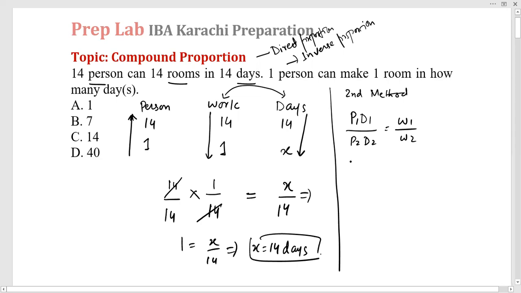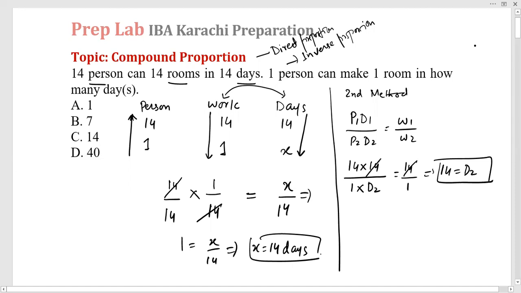P1 is already given, D1 is also given, P2 is given, D2 is not given, so we will find D2. W1 is already given, W2 is also given. So we know that the 14 will be cancelled, and if D2 is divided over there, it will be multiplied over there. So D2 will be this. We can also solve this question through this trick as well.